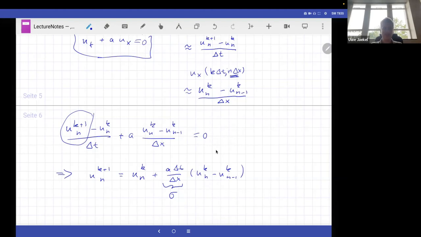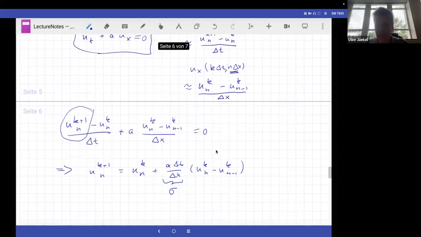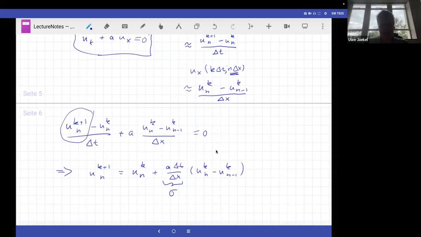This is an equation that we can use to find the solution, starting from what we know, the initial condition.